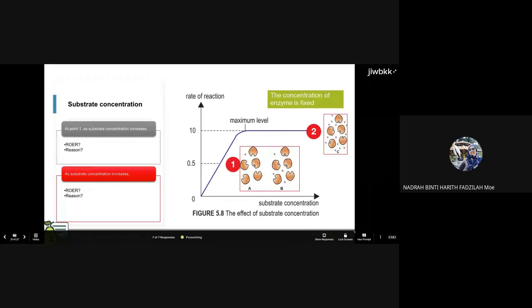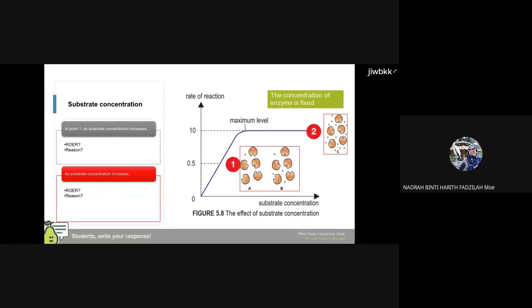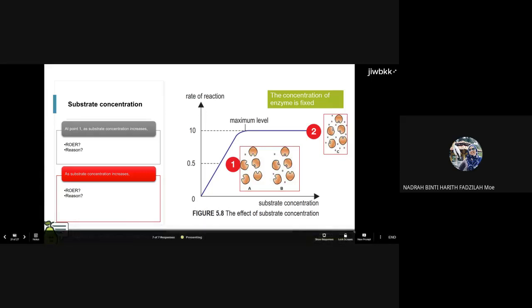So it doesn't matter how much substrate you add into the reaction, it won't increase the rate of reaction, because there are only 5 active sites available at that particular time. The only solution we can do here is to increase the number of enzymes. How do we do that? We increase the concentration of enzyme.